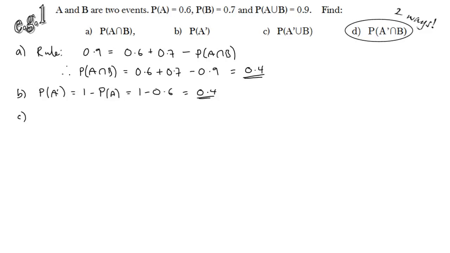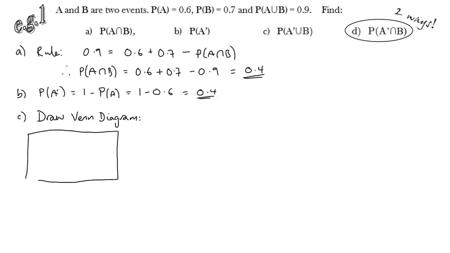Part C. The easiest way to work this out is to draw a Venn diagram. If you're not sure what to do in most questions, a Venn diagram can be very helpful. In my Venn diagram, the first thing that I can label is the intersection, and we worked that out in part A. So I can label 0.4 in the middle, and I'll fill in all the other parts of my Venn diagram by subtraction.